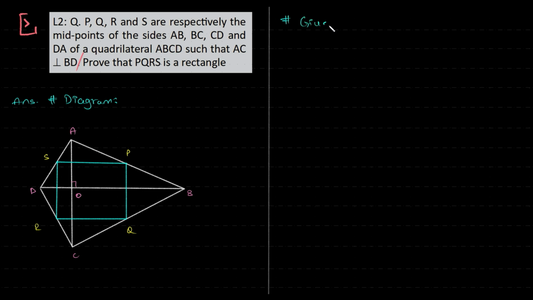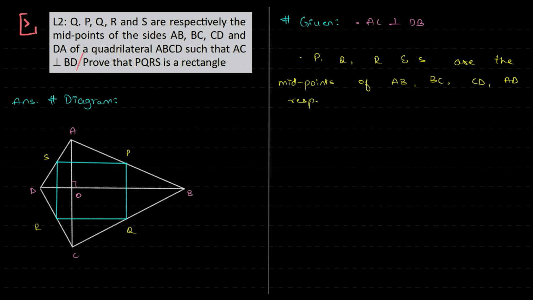Okay, so we have been given the following structure. We have AC being perpendicular to DB. That's one of the givens. And what else? That's it. The main thing is P, Q, R, and S are the midpoints of AB, BC, CD, and AD respectively.